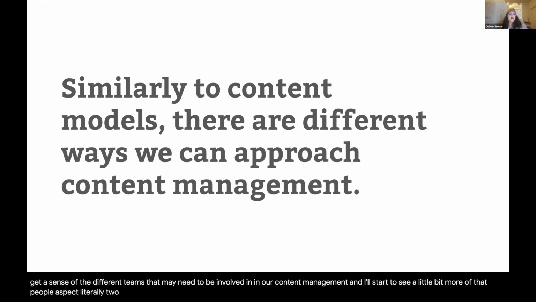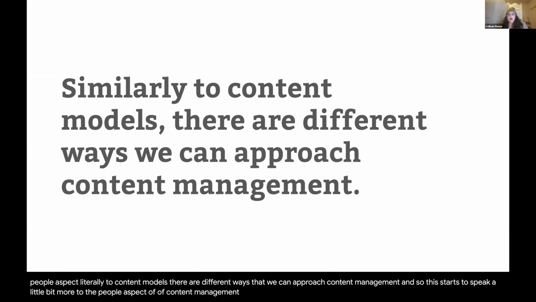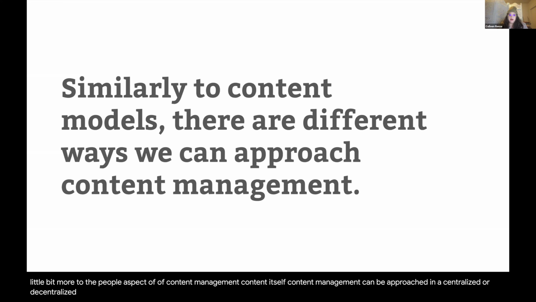Similarly to content models, there are different ways that we can approach content management. And so this starts to speak a little bit more to the people aspect of content management. And like content itself, content management can be approached in a centralized or decentralized way.